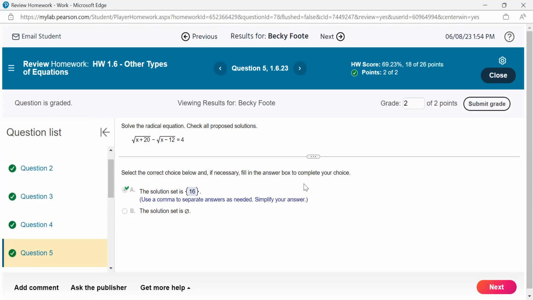Once I got there, I was getting stuck on that one little square, multiplying the two radicals. It's hard to square both sides of this equation, no matter where you move the pieces. That's why it's tricky.